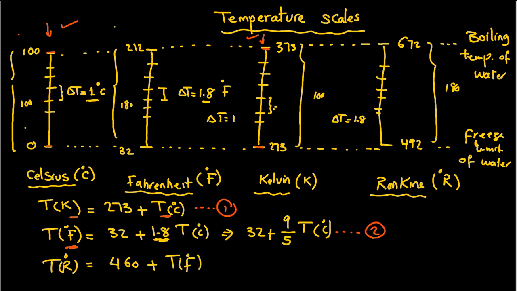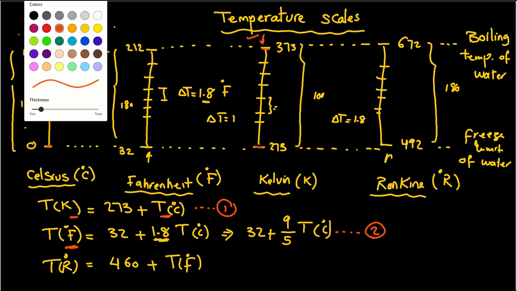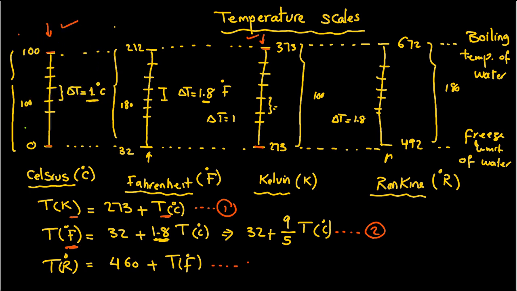You compare the Fahrenheit scale here and the Rankine. At the 0 value, there is a shift of 460 degrees, and this is an approximated number. And also the step on that scale is the same as the step on this scale. So that's how this relation is derived. I would call that equation number 3.